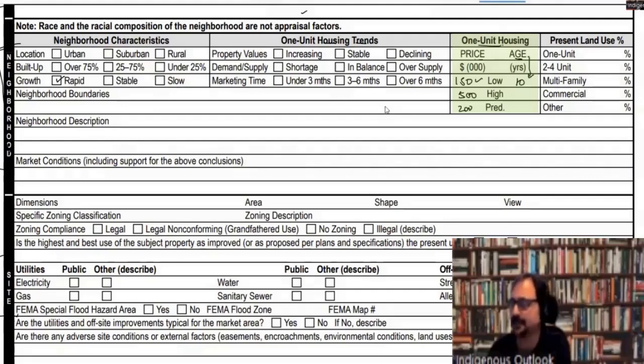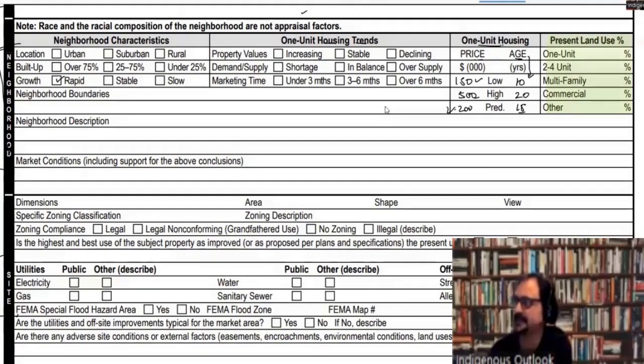The highest property sold was 20 years old and was sold for 500,000. Predominant means properties falling in between, mostly going to be around 15 years of age. It could be 11, 16, 19, but on average 15 years, and they get sold for 200,000. These are one unit properties only, not all. So these are the value trends, right?